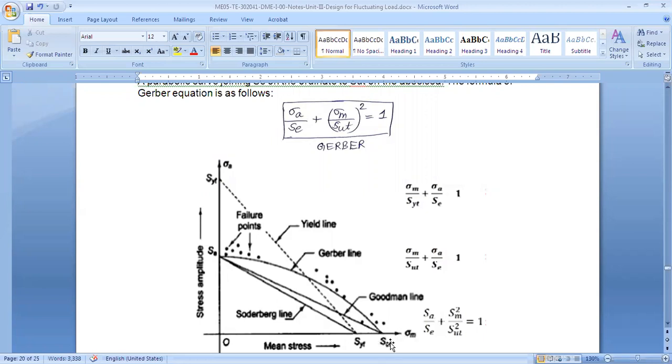So only this part of the Goodman line takes a square of that term to make it a parabola. The only equation which is a little different is the Gerber line, where the term sigma m upon SUT has a squared term. Are you getting my point?